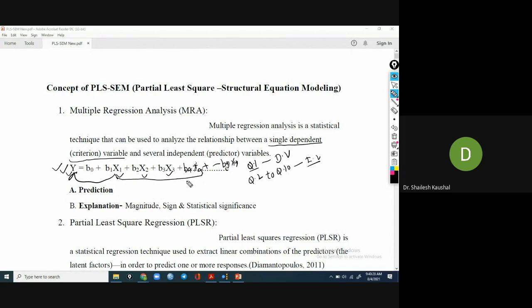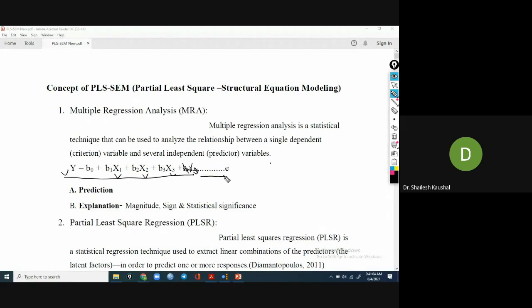So when we apply multiple regression analysis, for example, with 9 independent variables and 1 dependent variable, only x1, x2, x3, x4, only 4 independent variables, significantly contribute to the dependent variable. So we take only 4 independent variables in our model, and the rest of the 5 independent variables contribute to the dependent variable but not significantly.